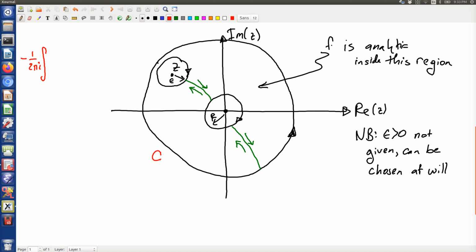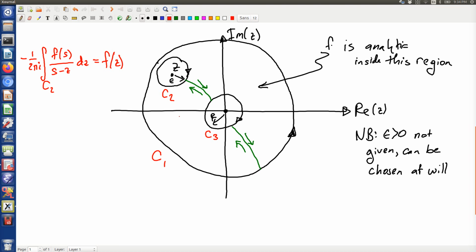I'll call this one C1, this one C2, and this one C3. So the integral backwards around C2 of f(s) over s minus z ds. Well, f is actually analytic inside that whole region, so the Cauchy integral formula does apply there, and that's f of z.